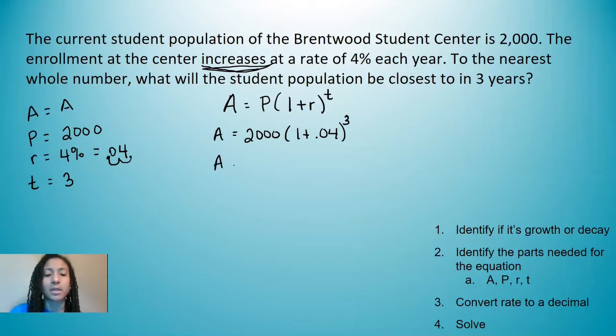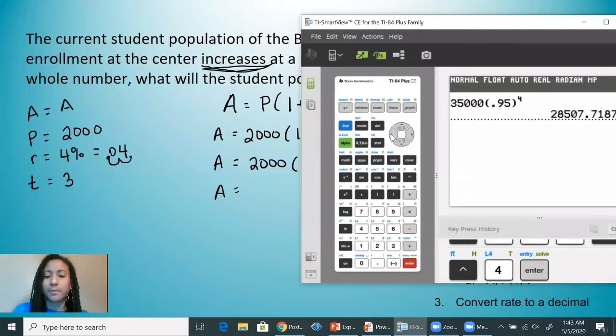This is now A is equal to 2,000 times 1.04 to the third. When we calculate this, we go to our handy calculator.